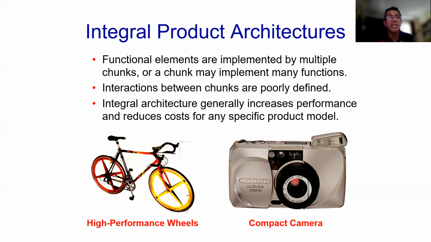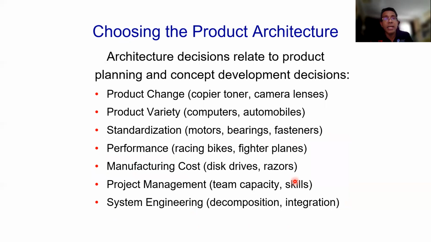So that is how integral product architectures begin, and using several innovations or performance reviews, they give a good product based on customer demand and customer needs. We already learned about choosing the product architectures, how to choose based on product change, product variety, standardization.